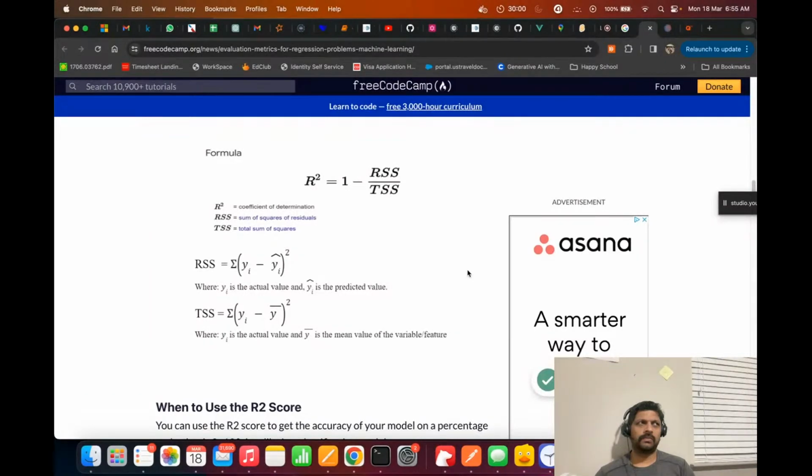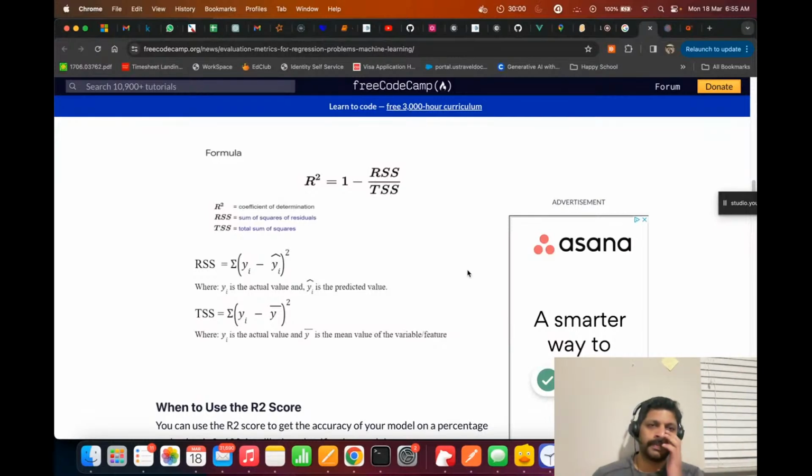Hmm. How is that being used? It doesn't even make sense. What does it mean? How is that being used as a metric?